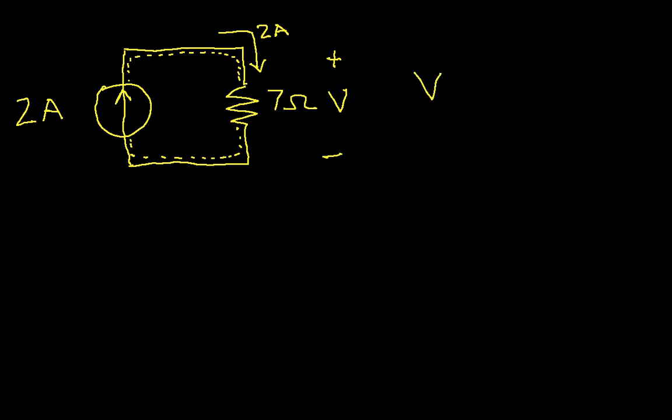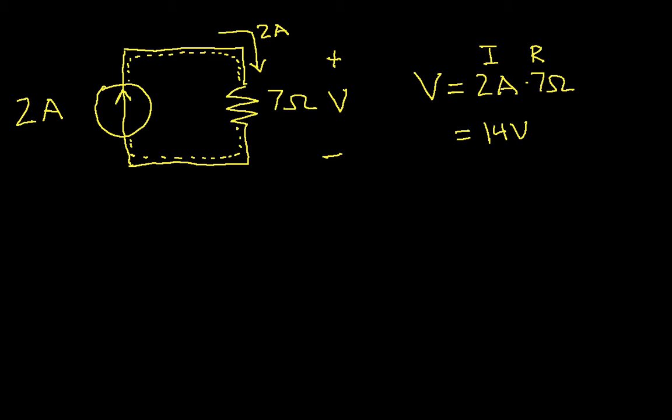Now we can apply Ohm's law, and the voltage will be 2 amps times 7 ohms. Again, this is I and this is R, which when we work it out is 14 volts. So that basically says that across this resistor will be 14 volts.